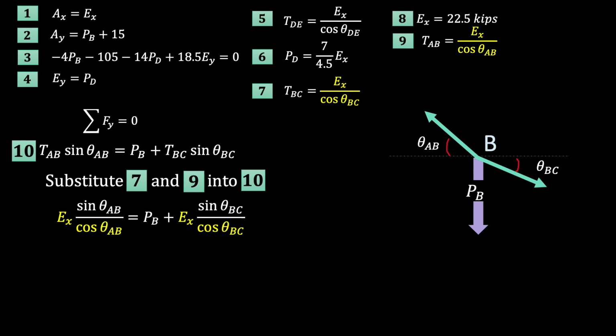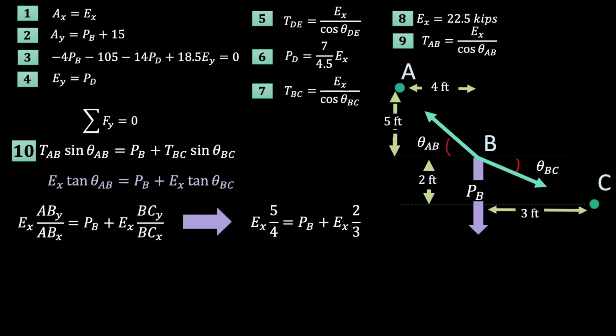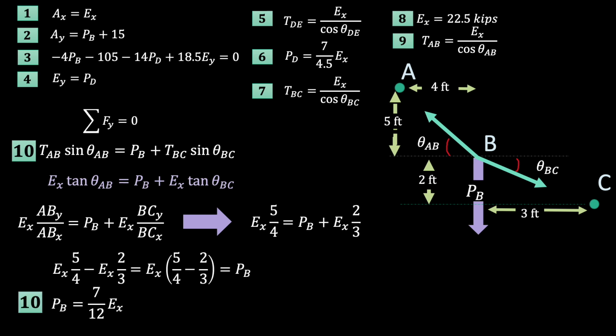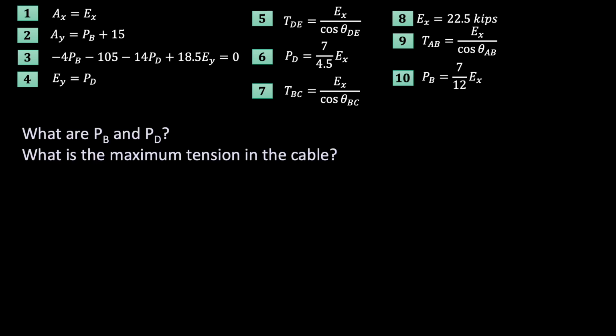Then we're ready to substitute those tensions in terms of that notorious EX. We convert those fractions into some tangents. Then we throw some numbers into those tangents. And we combine our like terms to solve for PB.